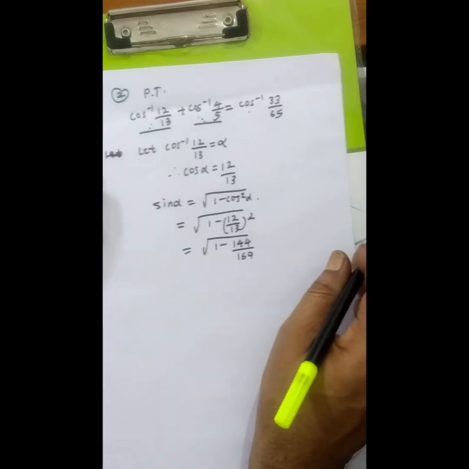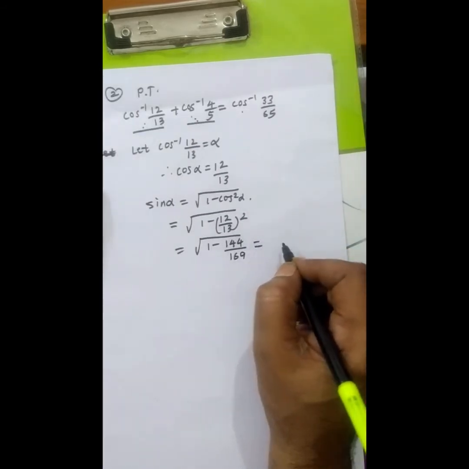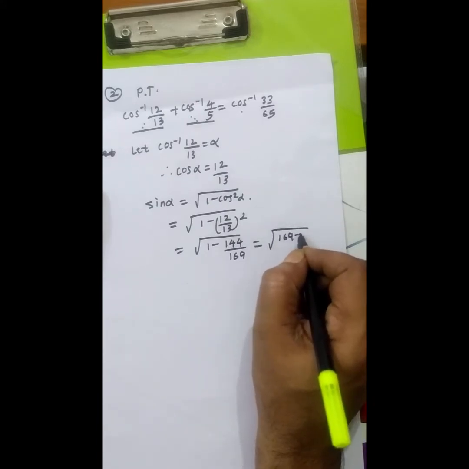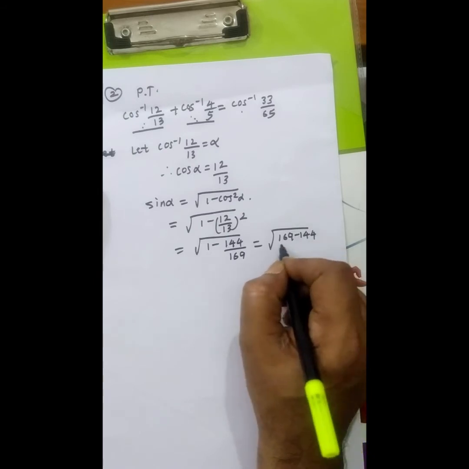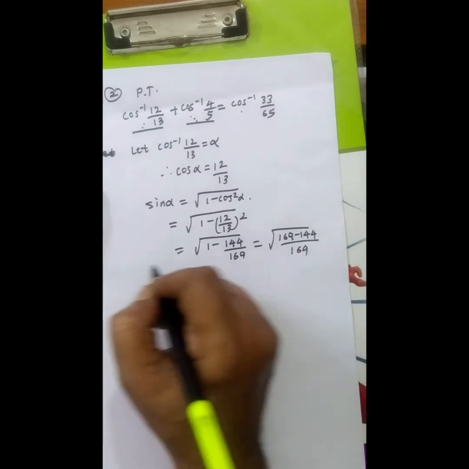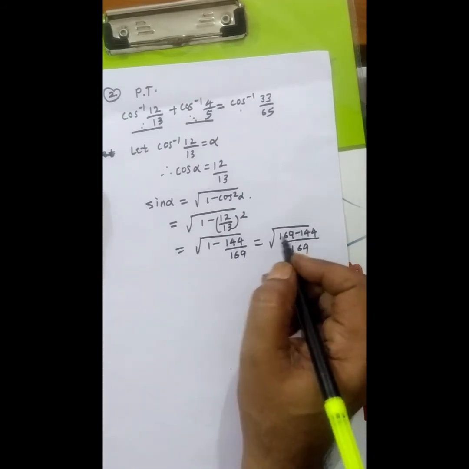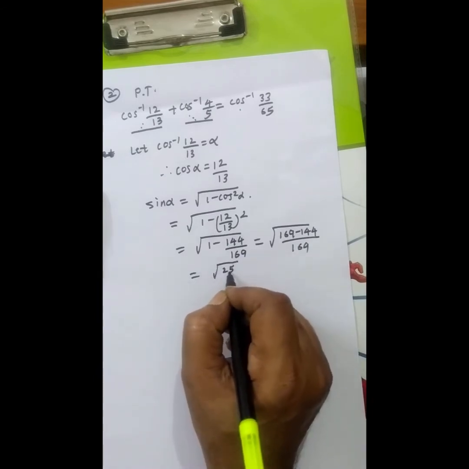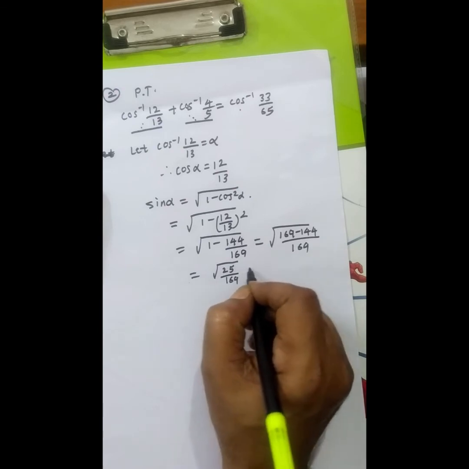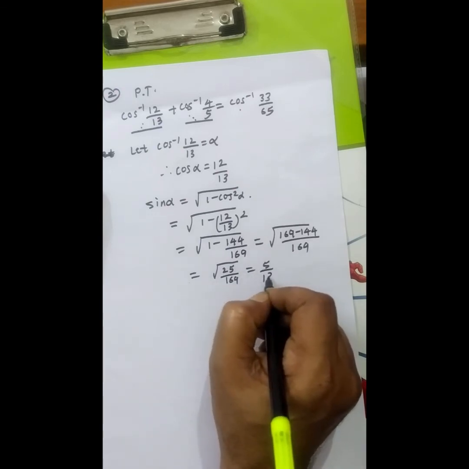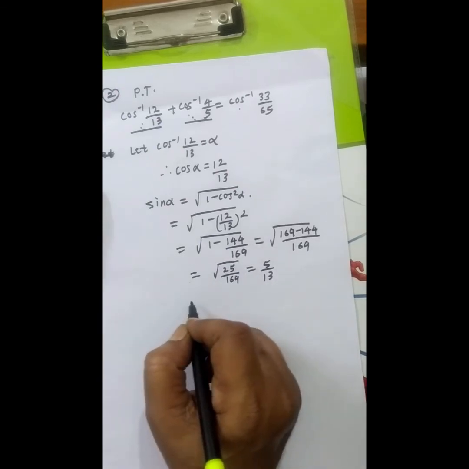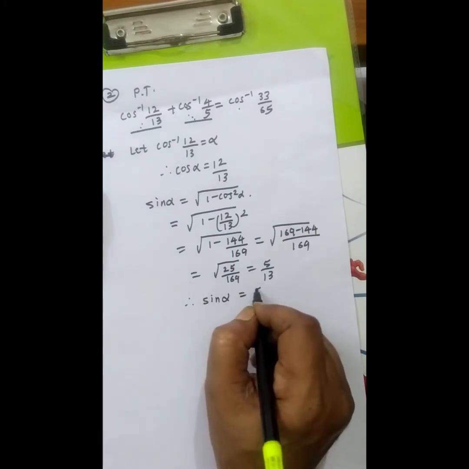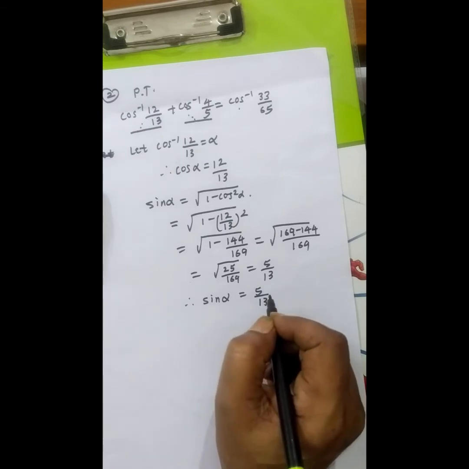If you take LCM, this will be square root of 169 minus 144 divided by 169. So 169 minus 144 is 25, square root of 25 divided by 169. So it will be 5 by 13. So we can write sin alpha is equal to 5 by 13.